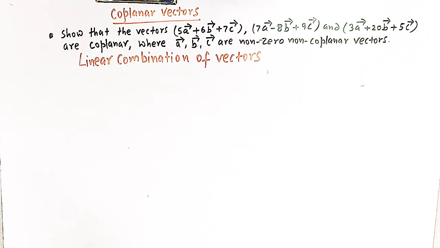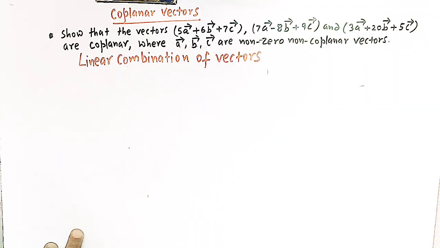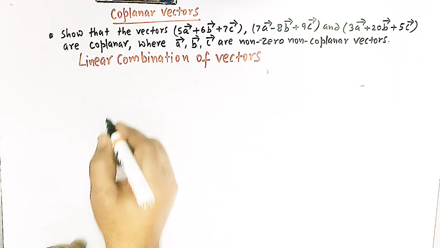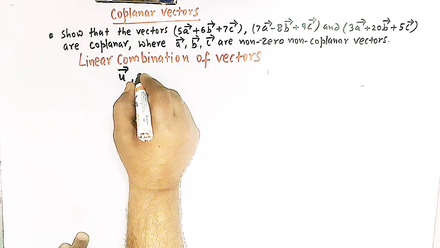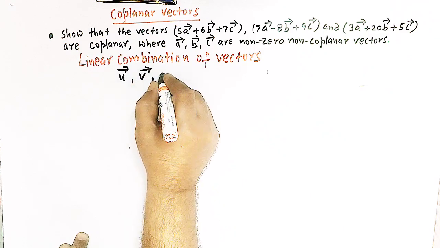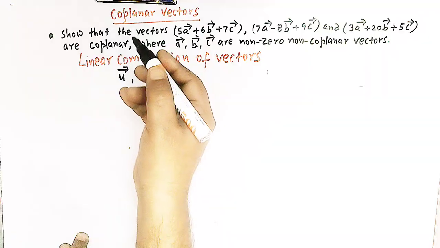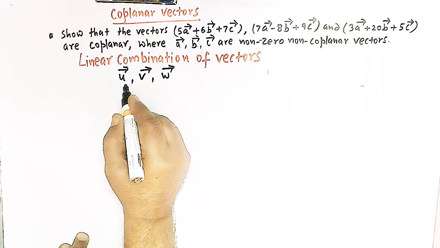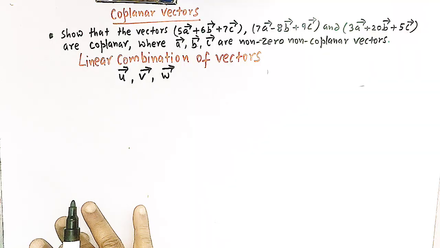So here we'll see the coplanarity of three vectors with the help of the concept of linear combination of vectors. Suppose we have three vectors, say vector u, vector v and vector w. Now these three vectors are said to be coplanar vectors if they lie on the same plane, right?